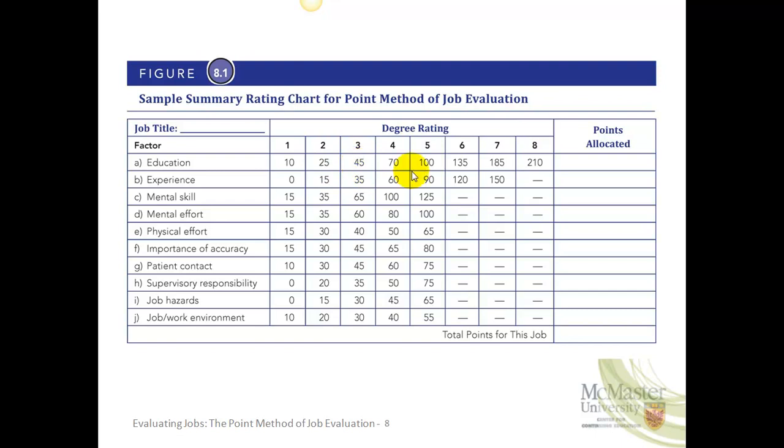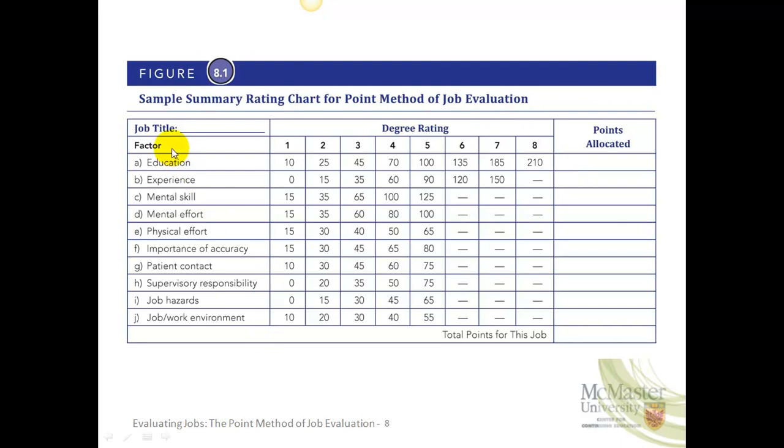So sometimes you can decide the points allocated by just saying, well, if your education falls into an 8, say an 8 is a PhD, I don't know, then you're going to get 210 points. Some people would take the weight and multiply it by the points in order to get a weighted amount. It's really up to the company to decide how they want to do that.